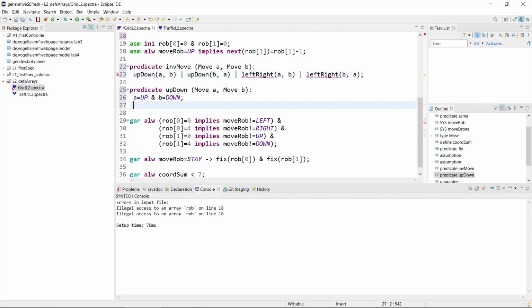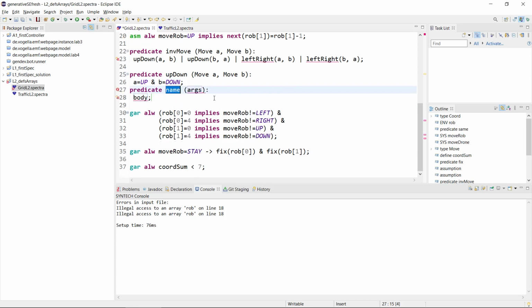And then we need the left right, so we can create a new predicate left right, and this can be again move A, move B, and A would be left and B would be right.